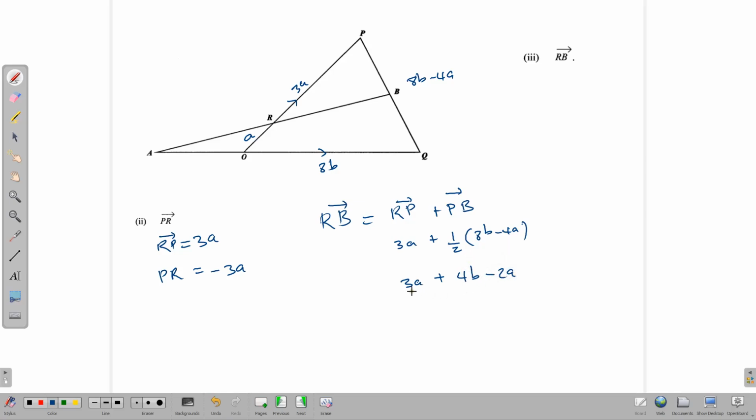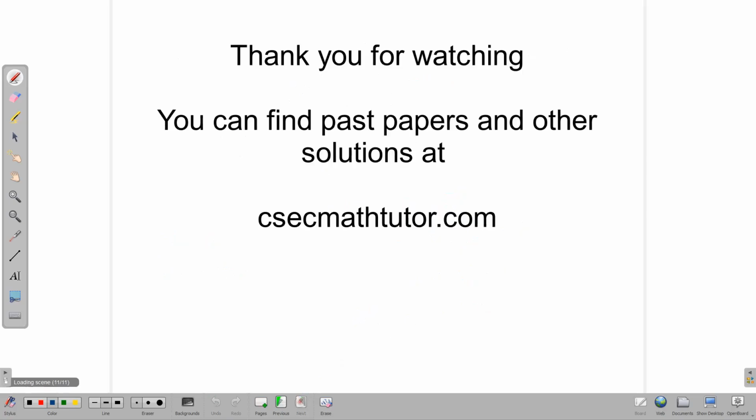And doing some subtraction here, 3A minus 2A gives us A, plus 4B, and that's what RB would be equal to. So RB is equal to A plus 4B. That brings us to the end of our questions and the end of our paper.